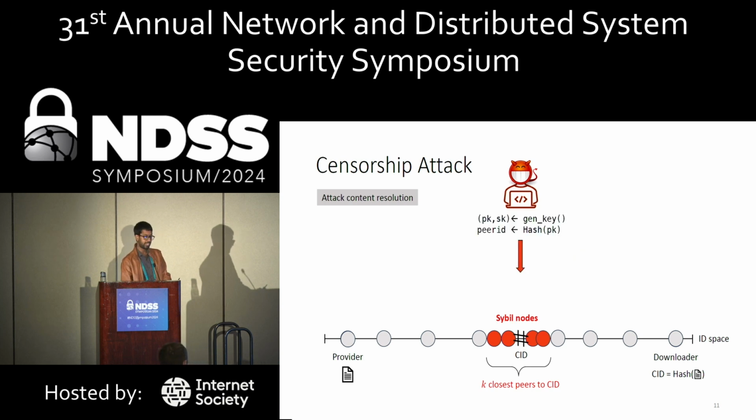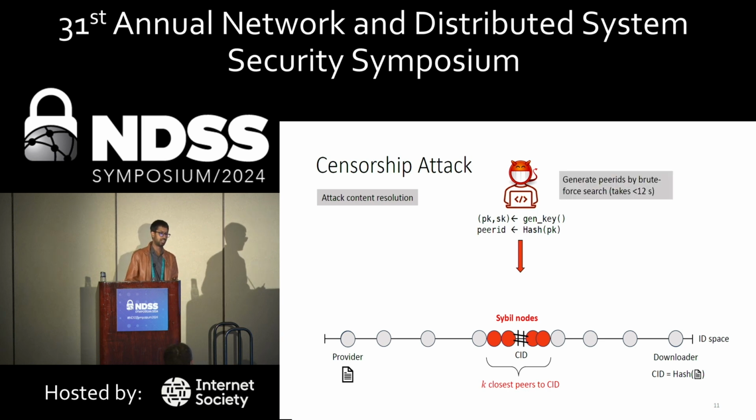One small detail: how does the adversary generate peer IDs that are close to the content ID? It turns out in IPFS, your peer ID must be a hash of your public key that's used to sign messages. In spite of that, the adversary just needs to generate many key pairs until the hash of the public key ends up being close to the CID.